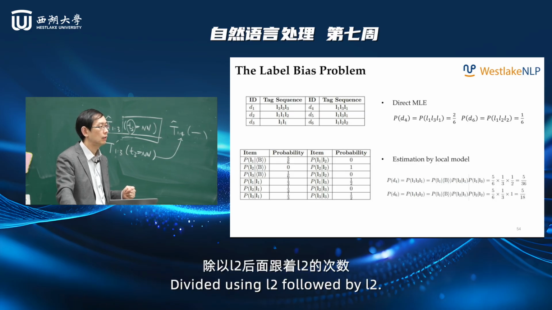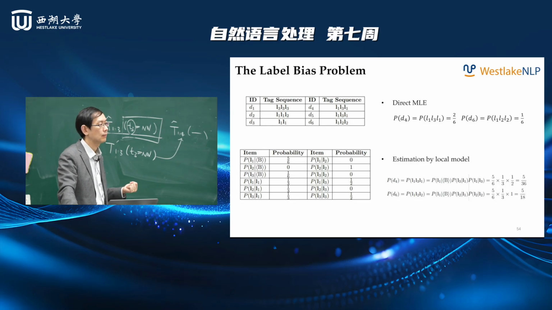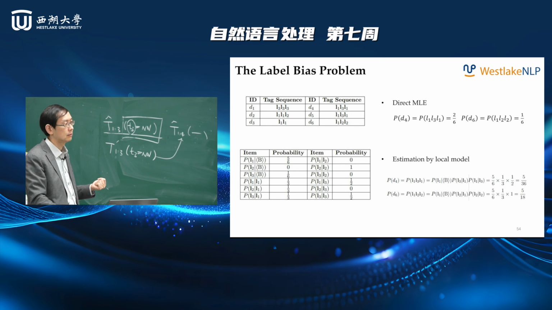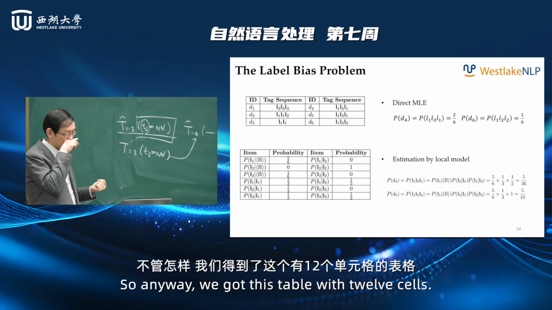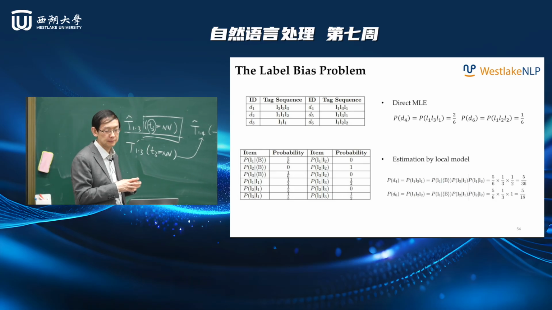Divide it using L2 followed by L2. And you realize L2 is only followed by L2, nothing else. So P(L2 given L2) is 1. All right. So anyway, we got this table with 12 cells.